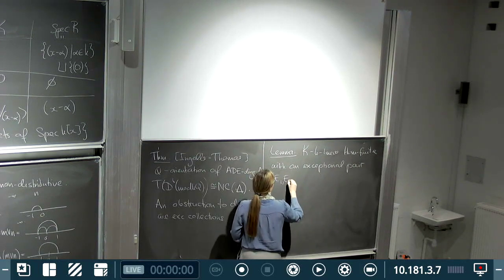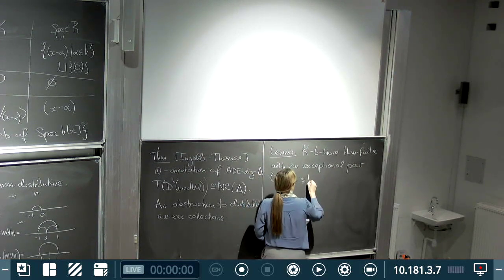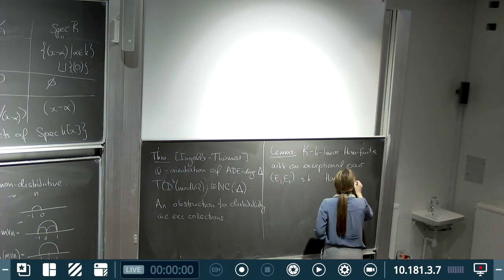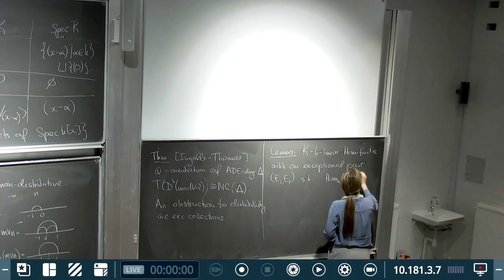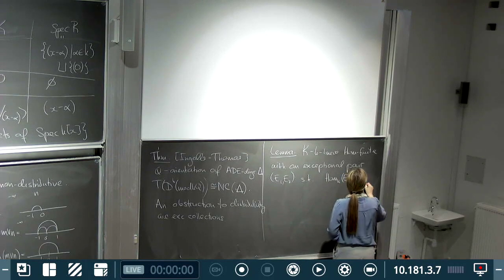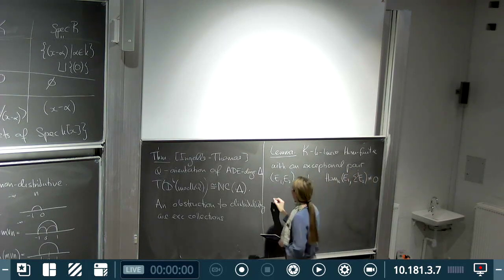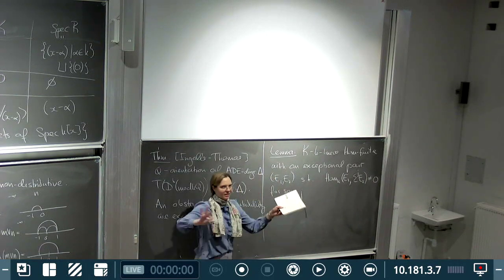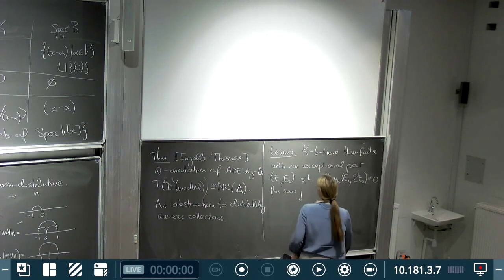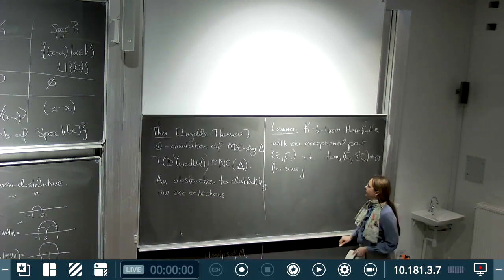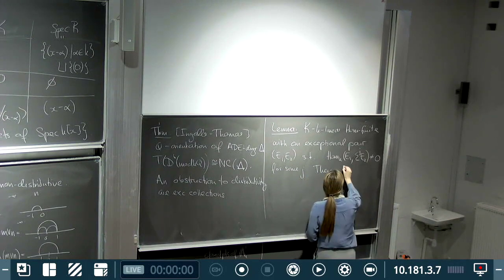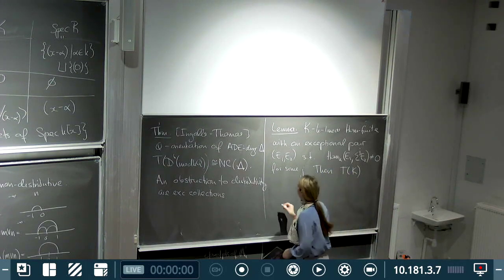I'll tell you what that is in a moment, such that you have some maps from E1 to some shift of E2. So it's somehow a meaningful exceptional collection, which is not completely destroyed. Then the lattice of subcategories cannot be distributive.